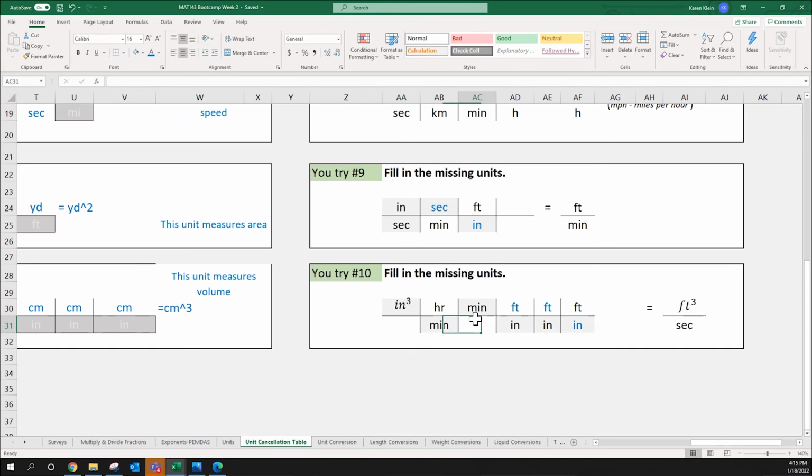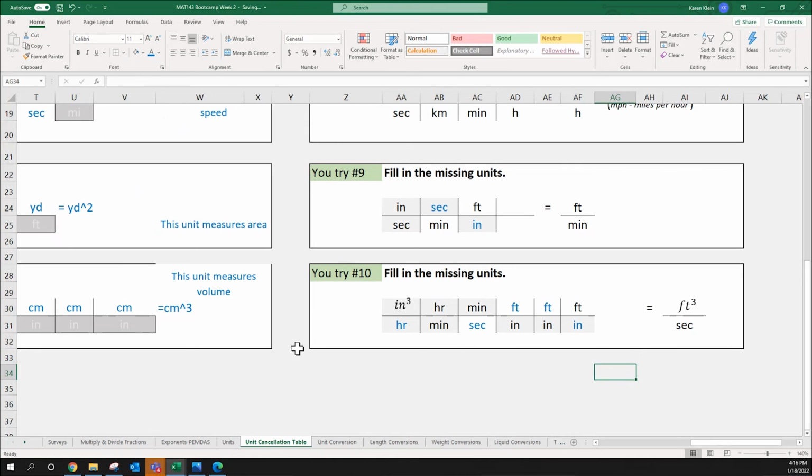So we need to introduce second. So I either need to put seconds over here or seconds over here. I'm going to put it over here. And again, it doesn't matter where we put them at this point. We'll get a little bit better at that later when we look at some actual conversions. So here now we see that our hours are going to cancel out, leaving us with 3 feet in the numerator. So that's going to be feet cubed and a second in our denominator.